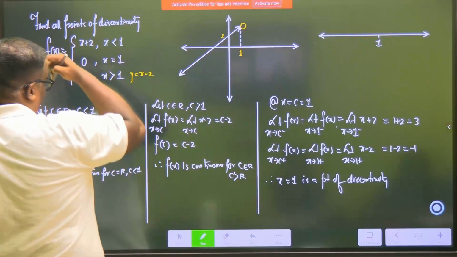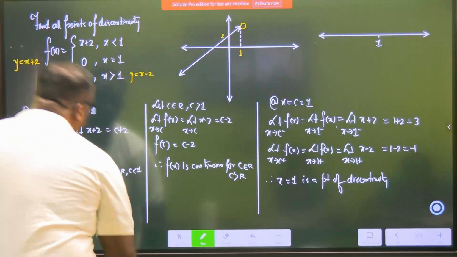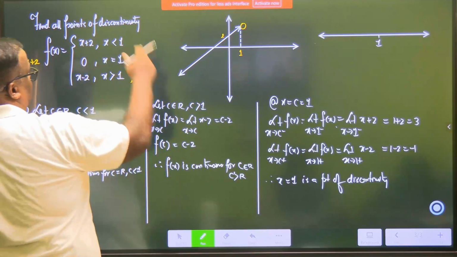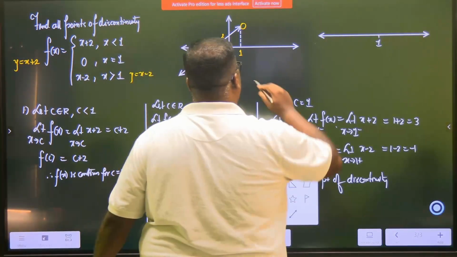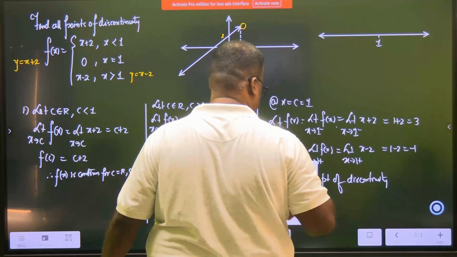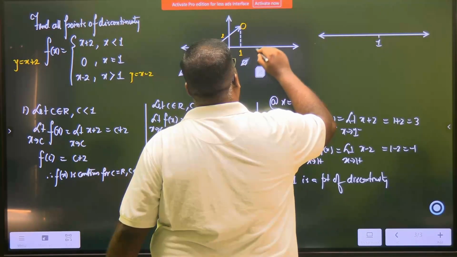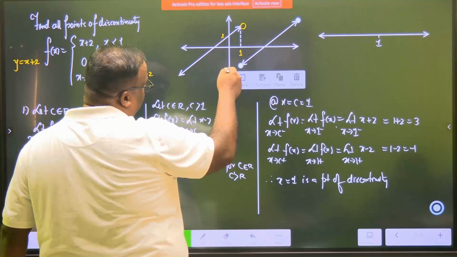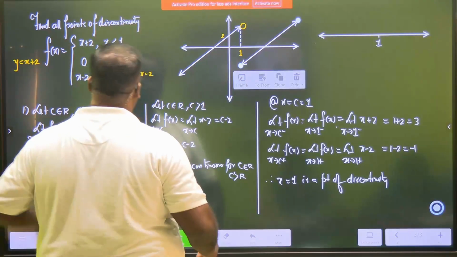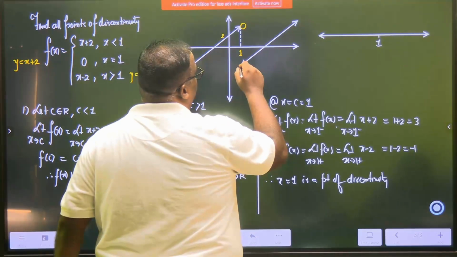And the next graph should touch minus 2 if x is greater than 1. So it will not touch minus 2 and the graph will start from here. It should be able to come till 1, but we will not be able to bring it because we don't have the authority.